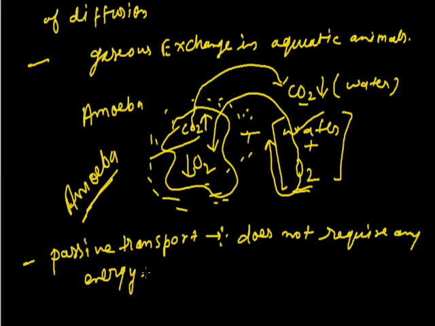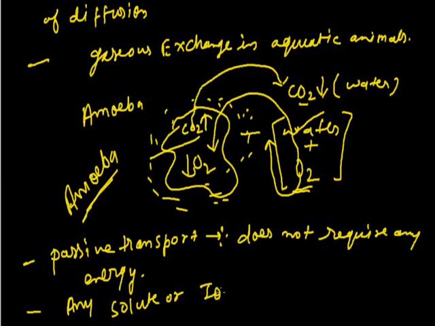If I again give you a brief about our examples, our first example is the perfume bottle, in which perfume will automatically come outside the bottle because of the difference in the amount of perfume, and it doesn't require any energy because diffusion is a kind of passive transport.